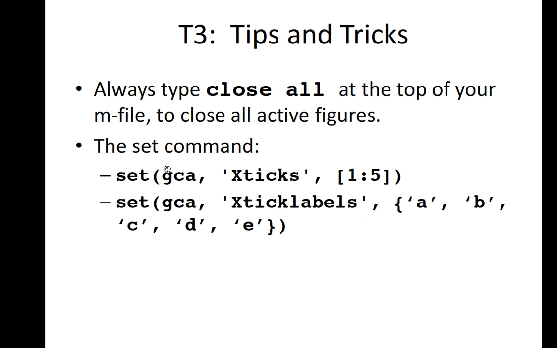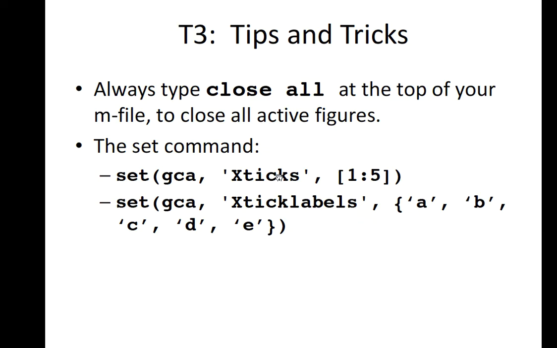And then I wanted to just summarize the set command one more time. So I've already explained a little bit about the gca, which just accesses the figure that you want to look at. It stands for current axis, but it's just whichever was the most recent one plotted.